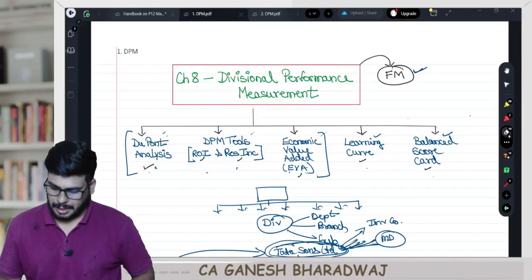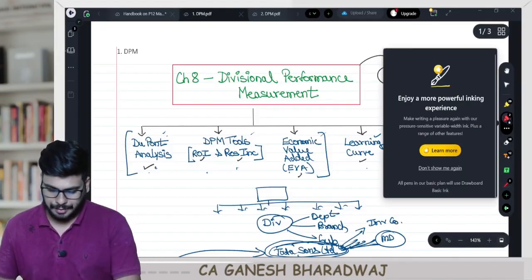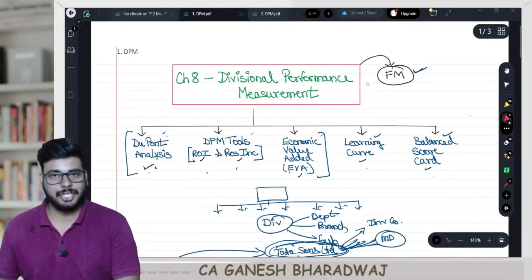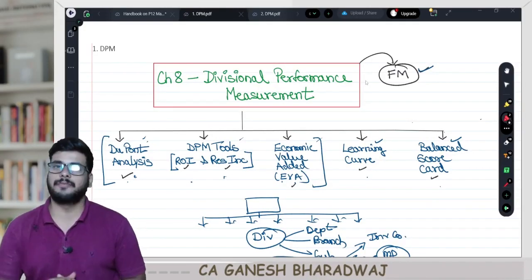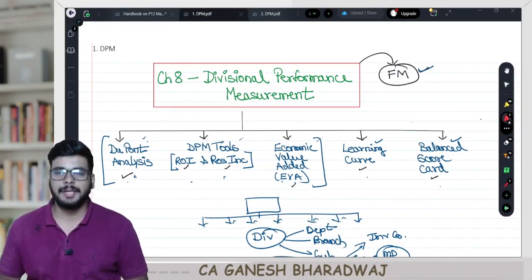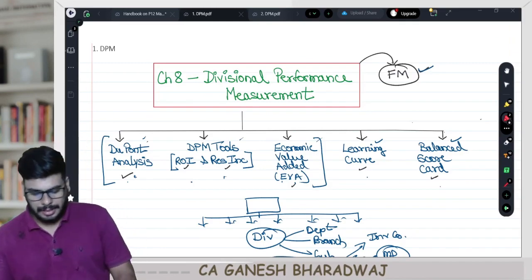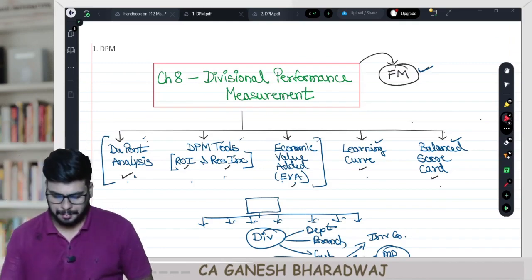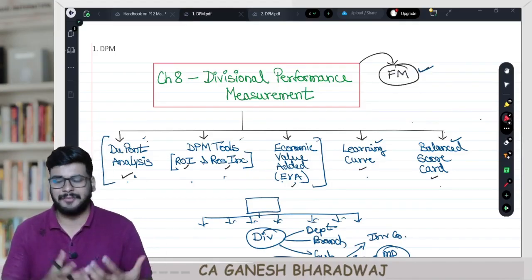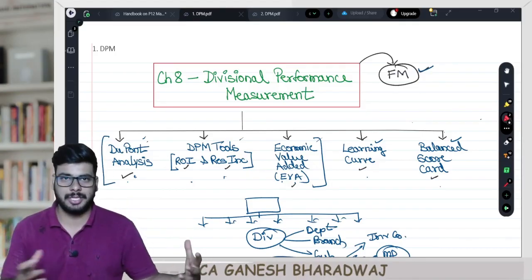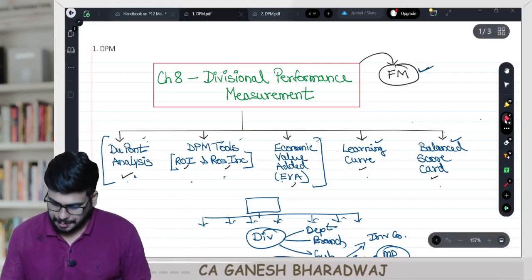So now let's get started with the revision of the last chapter of this marathon series, which is divisional performance measurement, right? Now, this chapter is broadly bifurcated into 5 concepts.